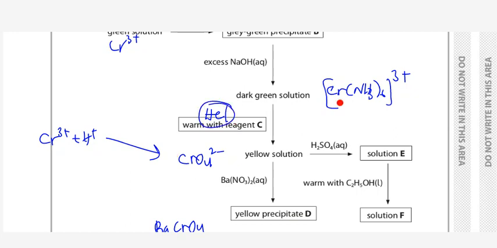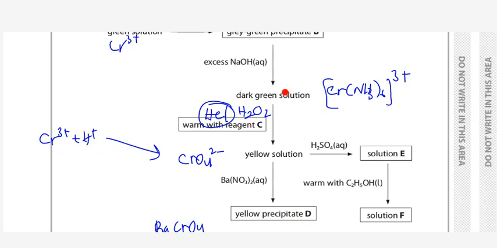So you can add an oxidizing agent. What is the only oxidizing agent we use here, if you remember the theory? Hydrogen peroxide. This is explained in the theory. I explained this.